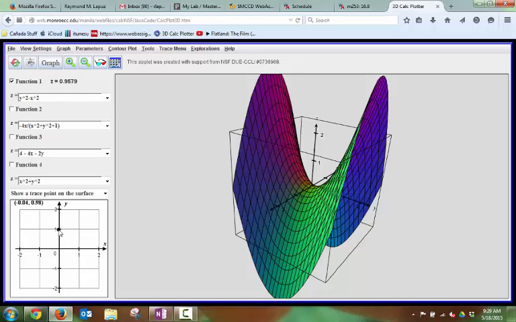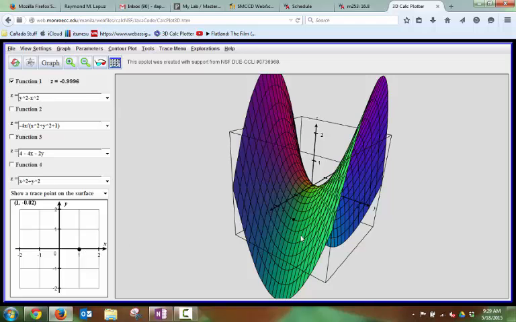So let's see if we can trace this. We have a little dot following there. When x is equal to 1 and y is equal to 0, we're down below here, and we can get our z value over here. Say z is equal to negative 1.